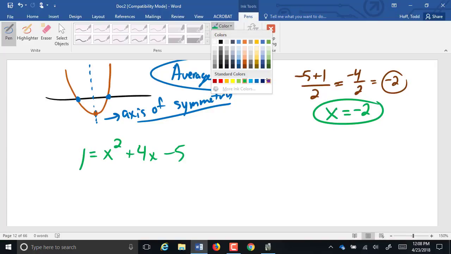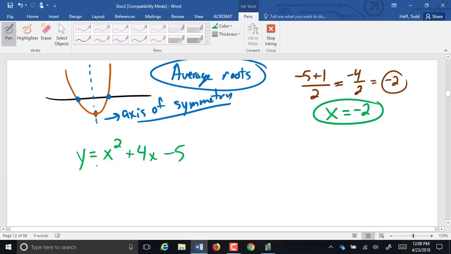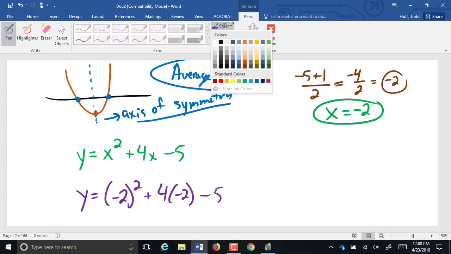If x equals negative 2, y equals negative 2 squared plus 4 times negative 2 minus 5. We put in the negative 2 for x.